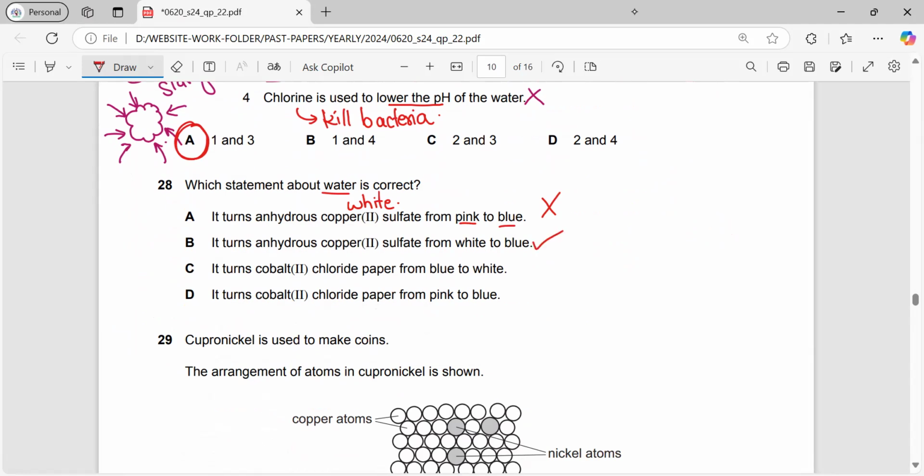It turns cobalt chloride paper from blue to white? No, because cobalt chloride paper is blue in color and it changes into pink in the presence of water. It turns cobalt chloride paper from pink to blue? No. It turns cobalt chloride paper from blue to pink. So B is the correct option.